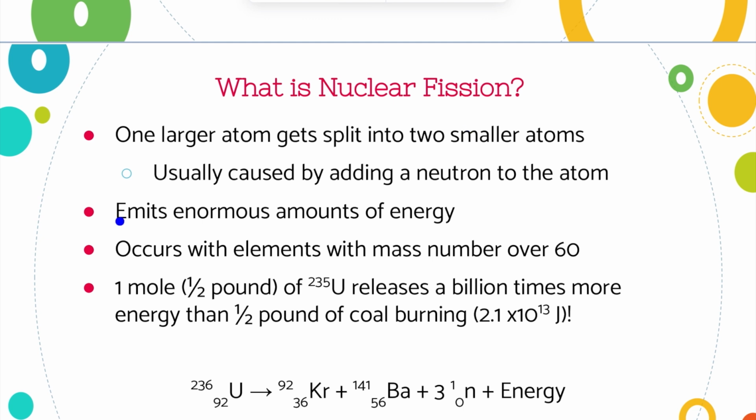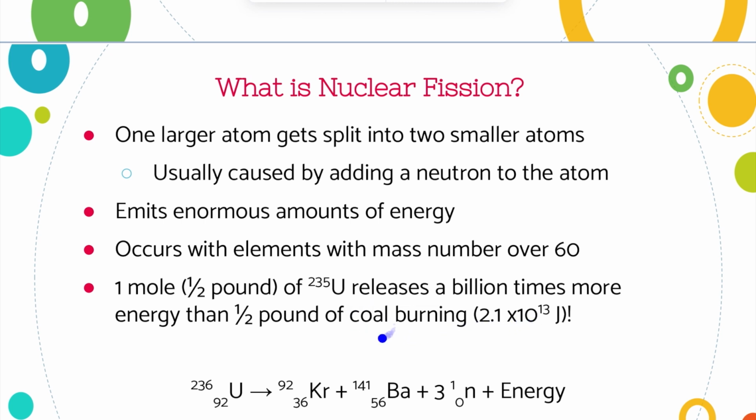And this process of fission emits enormous amounts of energy in that splitting. We see this with elements that have masses over 60, so a lot of our large elements. As an example of how this energy gets produced, a mole of uranium-235, which is about half a pound, releases 1 billion times more energy than half a pound of coal burning, which is 2.1 times 10 to the 13 joules.